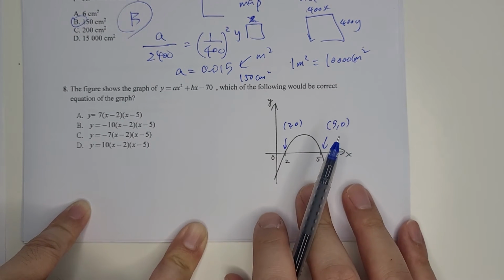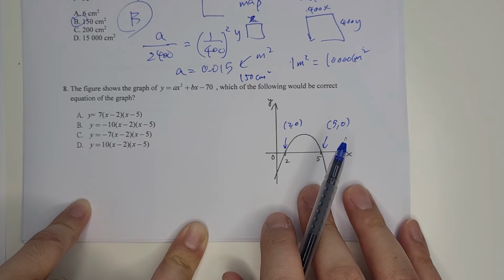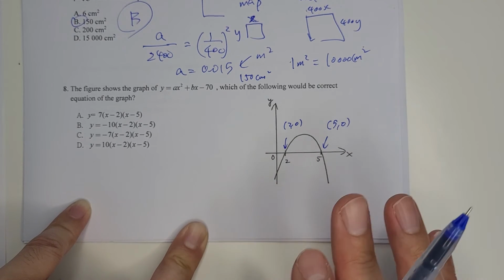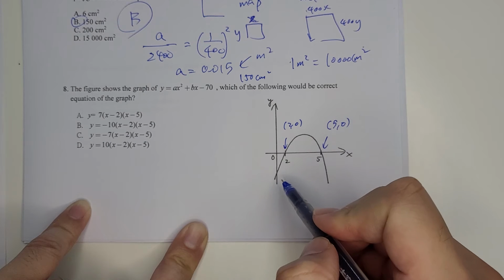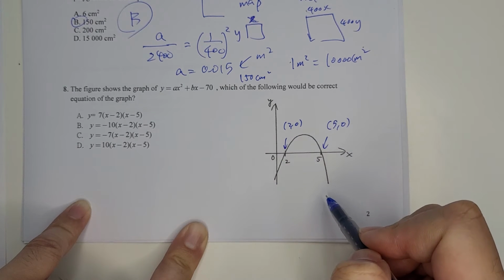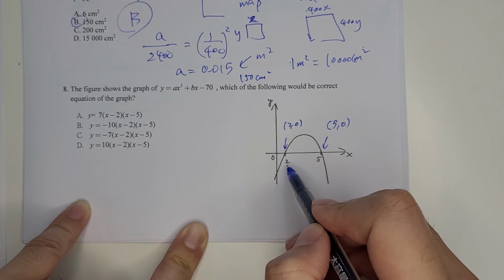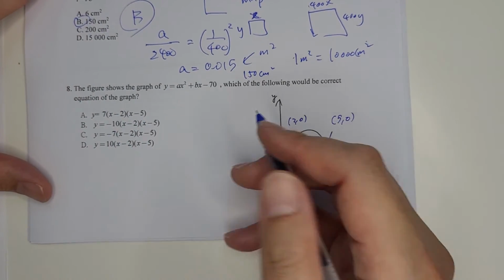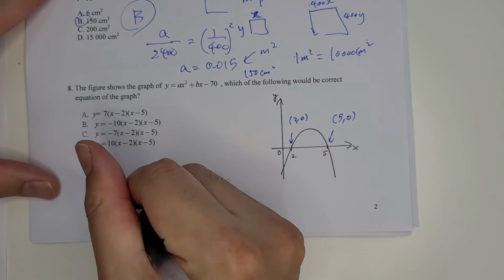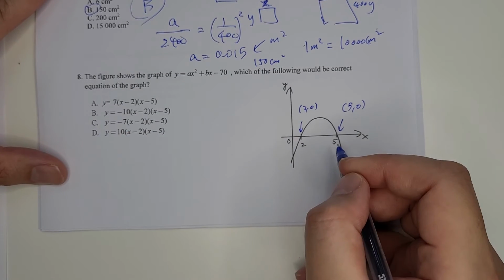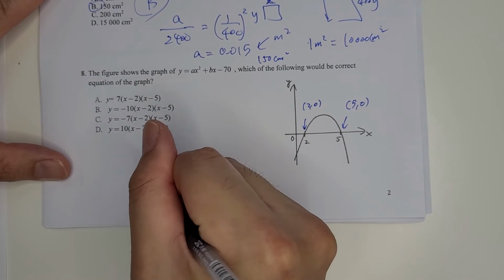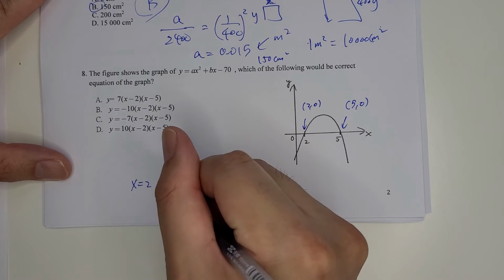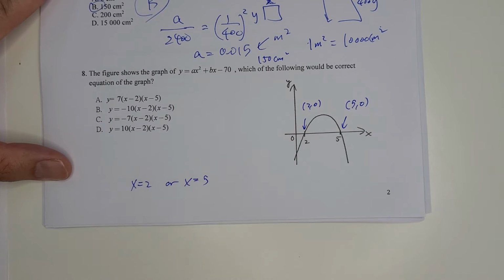Now, let me introduce another faster method so that you can do such kind of question very easily. As you can see, this quadratic graph cuts the x-axis at 2 and 5. So you can think, when you solve the x-intercept of this graph, the final step must be something like x equals 2 or x equals 5, right?